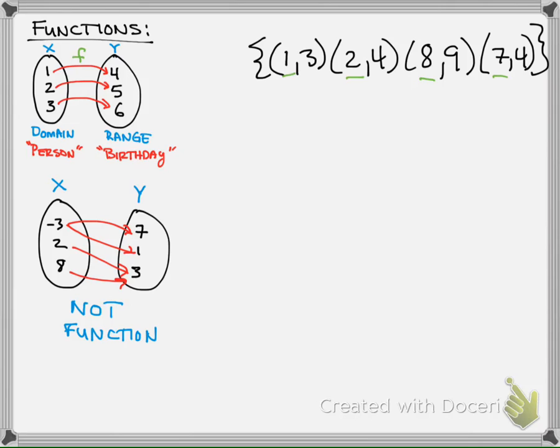When the x values in some relation or set of points are different, that's saying that each different person has a birthday. It is okay for 2 and 7 to have the same birthday as long as they are different people. So each x value has only one y value. So in this case, this is a function.